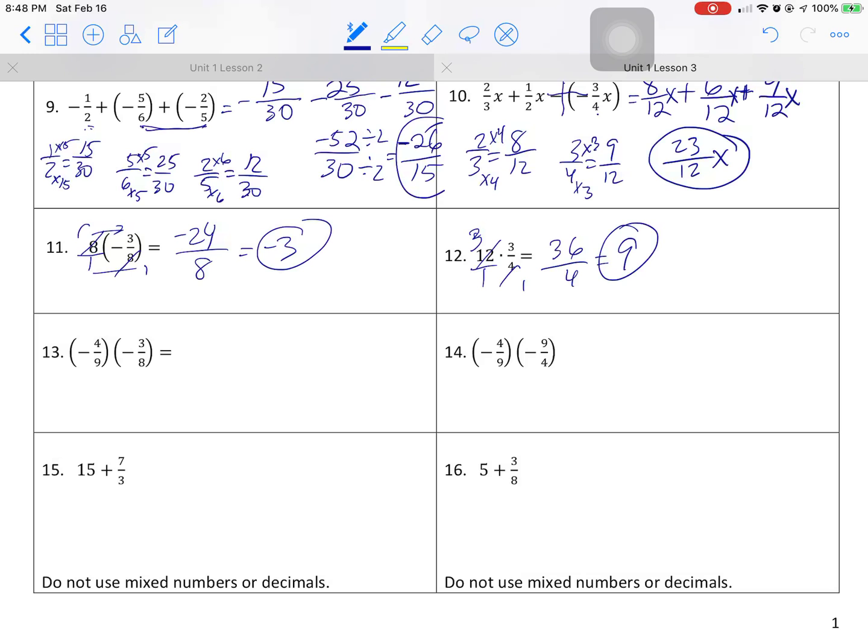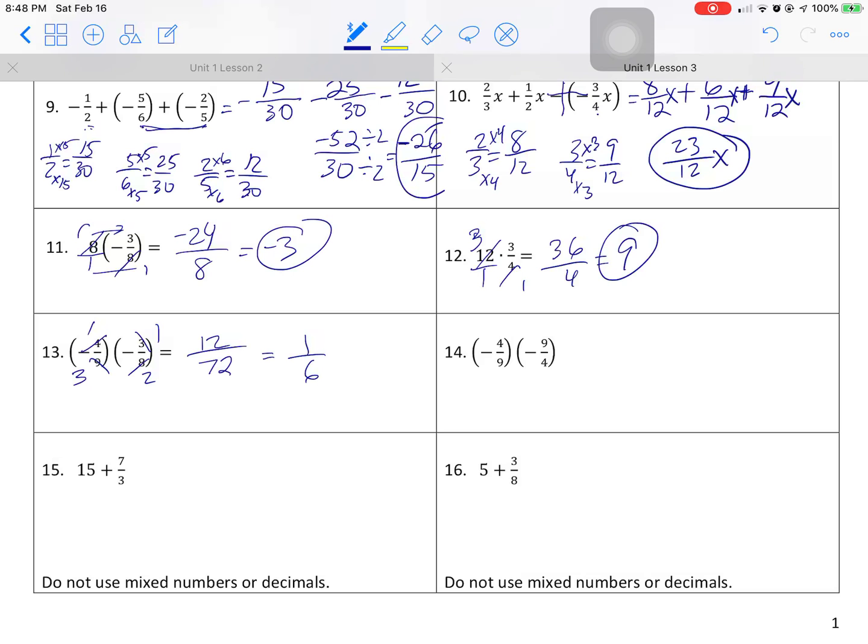Okay. This one isn't it nice for multiplication? You can just multiply across. So this is a negative times a negative is a positive. 12 over 9 times 2 is 72. Or you can take the 4 out of the 8 and the 3 out of the 9 and get 1 over 6.